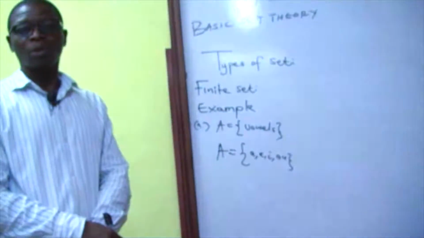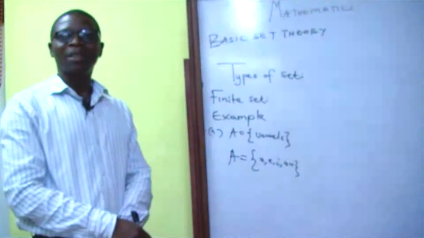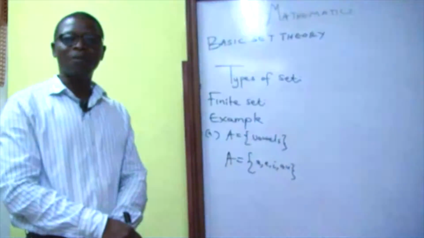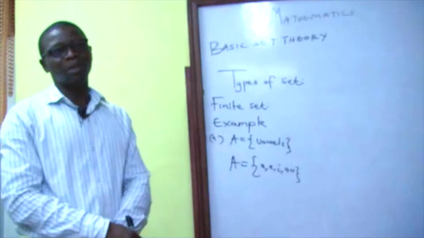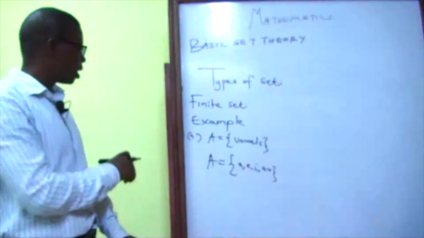A is equal to the set of vowels. As a student of English, you know the alphabet. You know how many consonants we have in the alphabet, and you also know how many vowels we have. But let's look at the board.